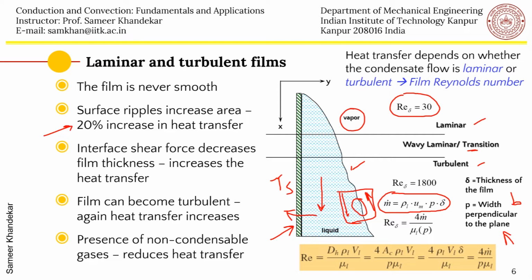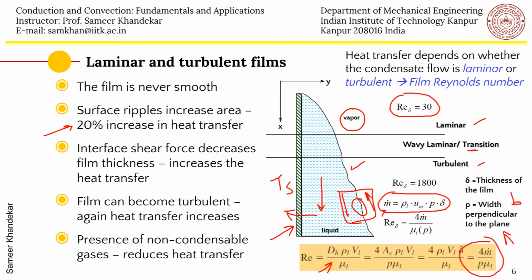One can define rho V D by mu, and instead of the diameter, we can put the wetted area divided by the wetted perimeter. The velocity can come from the mass flow rate, and therefore you can define the Reynolds number of the film, Re delta, as 4 m dot by P into mu L.